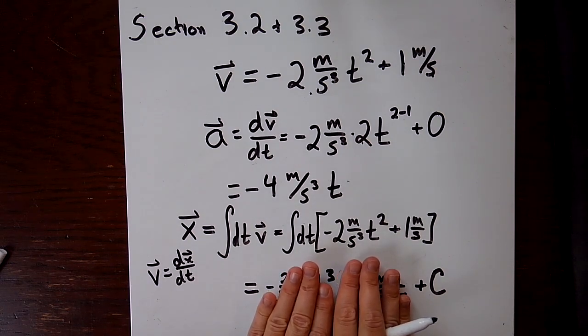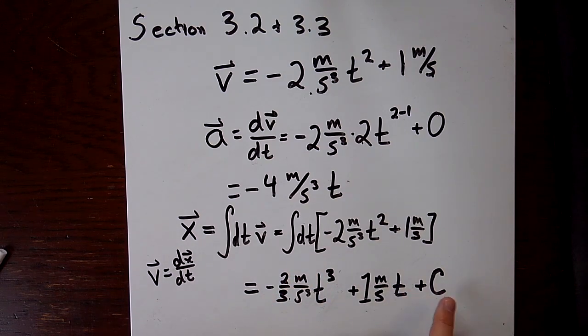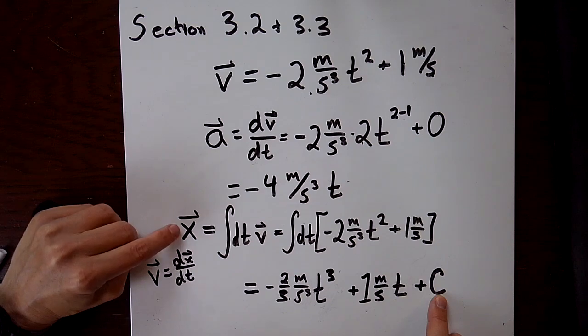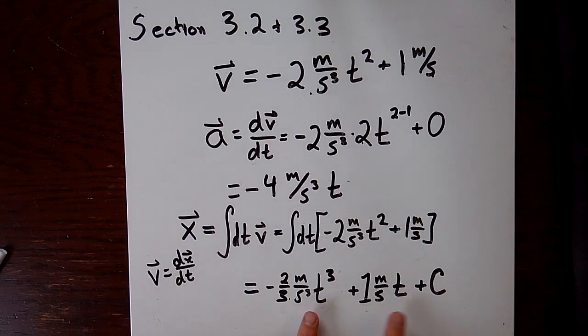So in this particular instance, and in fact usually, but not always, this constant is going to be the initial position. And that only happened because every other term had a t. So when I plugged in t equals 0, our start time, or at least when we started the clock, not necessarily when we started looking at what was going on, both of these terms became 0, and the only one left was this constant.